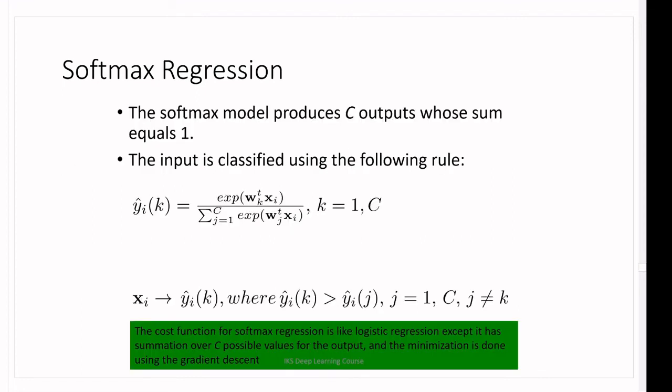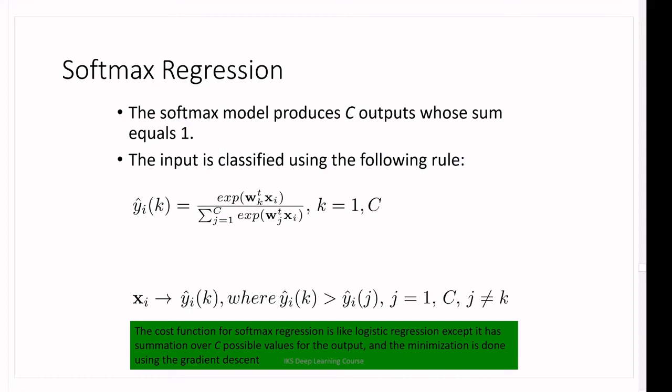What softmax regression does is that it produces C outputs whose sum equals 1. In some sense, softmax is doing the normalization of C outputs that we get from C different models that will be trained. So an input is classified using softmax regression with the following rule as shown here.